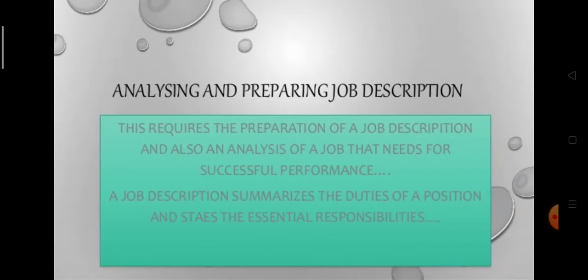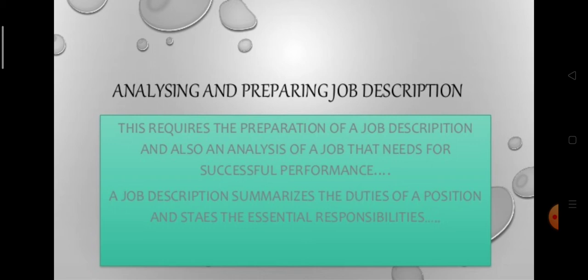So after identifying the job, we gather the relevant data, which skills must be there to do that job. So what is the qualification, what is the skill, what is the time period, what is the mental effort, what is the physical effort that the job should possess.